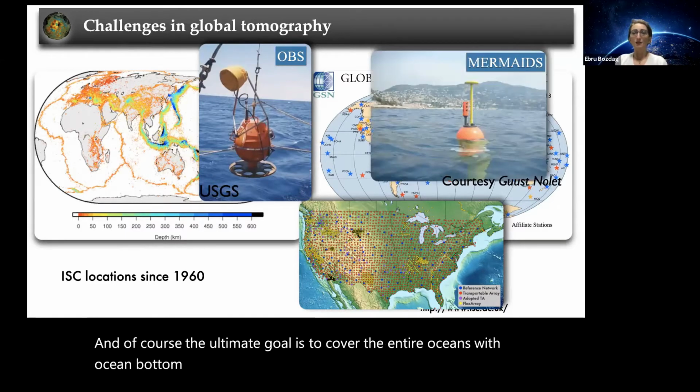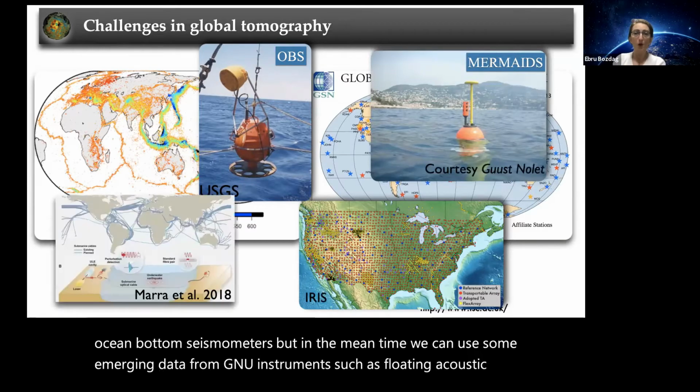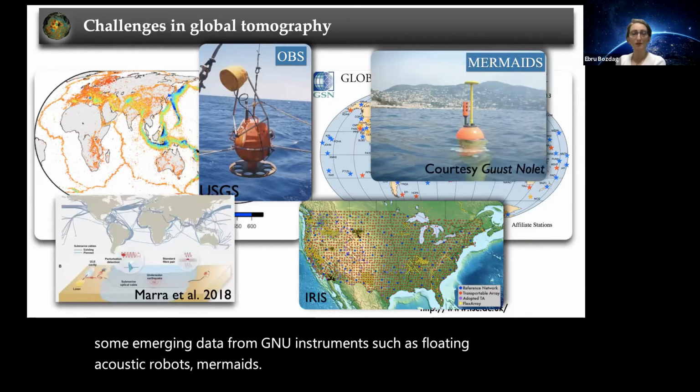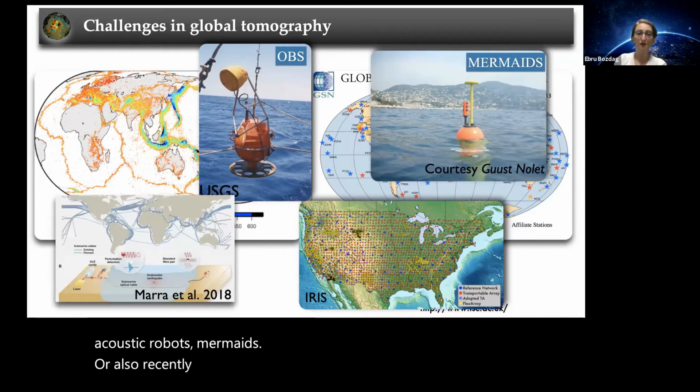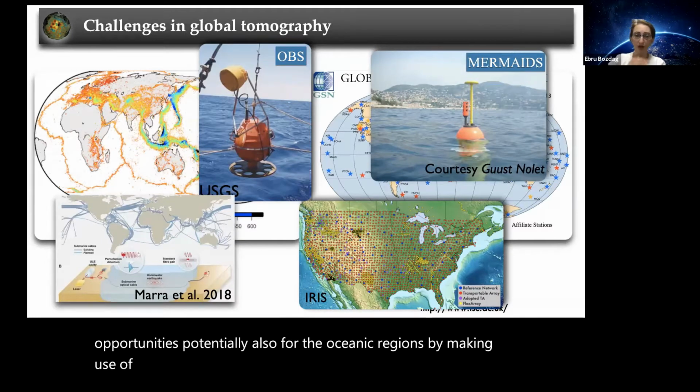But in the meantime, we can use some emerging data from new instruments such as floating acoustic robots, MERMAIDs, or also the recently popular fiber optic cables, which are providing great opportunities, potentially also for the oceanic regions, by making use of the underwater cables to better sample the oceans.